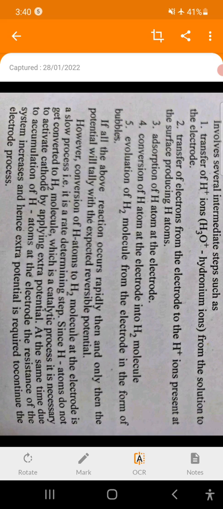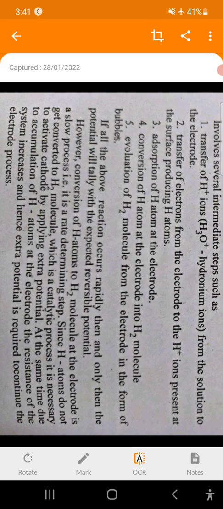Based on this, Tafel gave a general equation showing the relationship between overvoltage and current density.